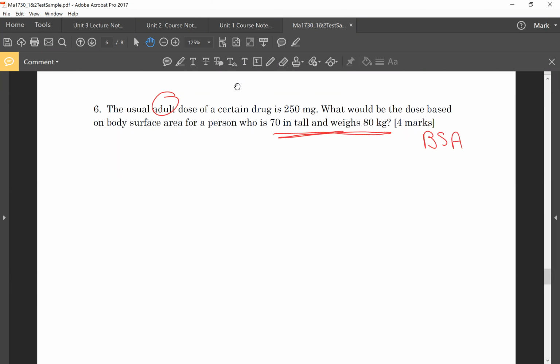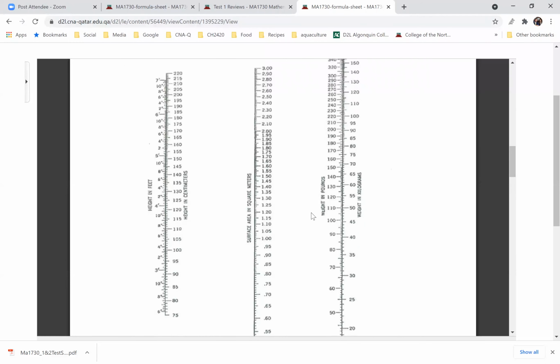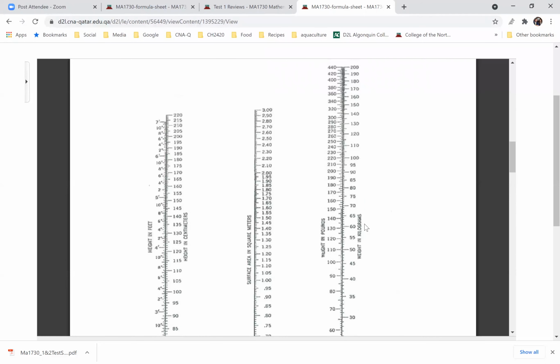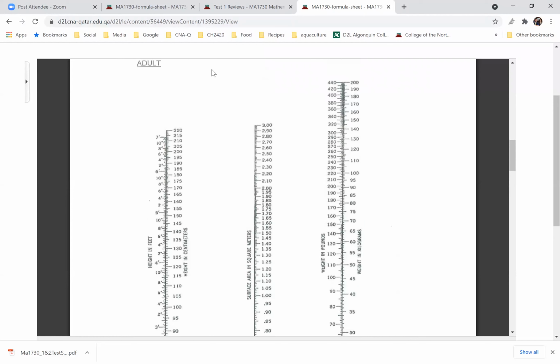Now, if you go to the chart here, obviously go to an adult. The chart here does give weight in kilograms. That's good. So the kilograms aren't a problem. However, it gives height in feet or height in centimeters.